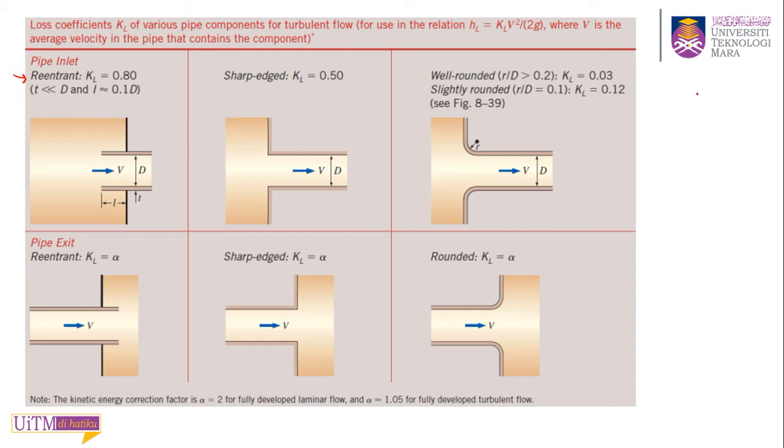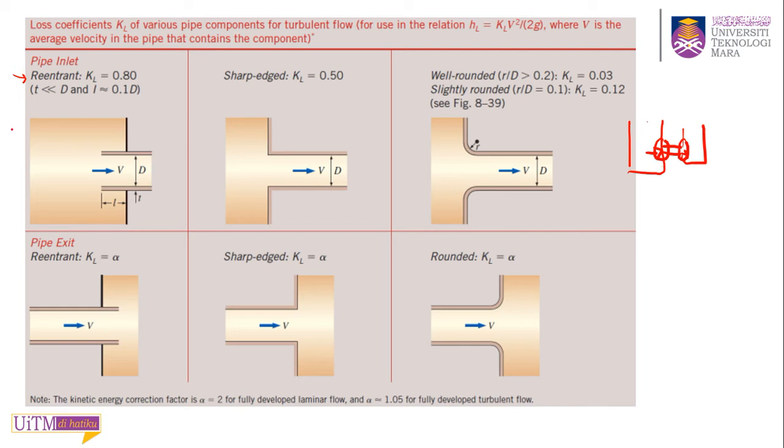If you can draw, let's say we have a reservoir and you have a pipe connected to the reservoir. This is the pipe inlet, and if your pipe here is connected to another reservoir, this is the pipe outlet. So this is the outlet and this is the inlet.